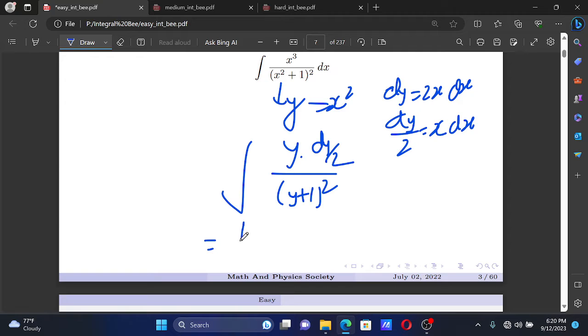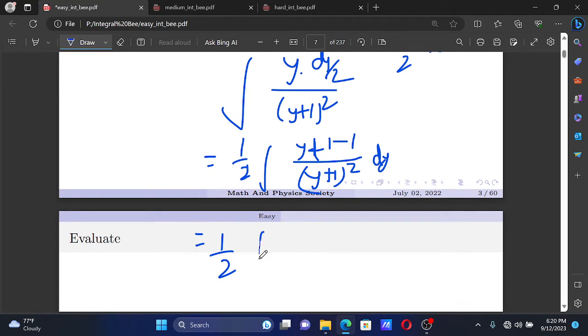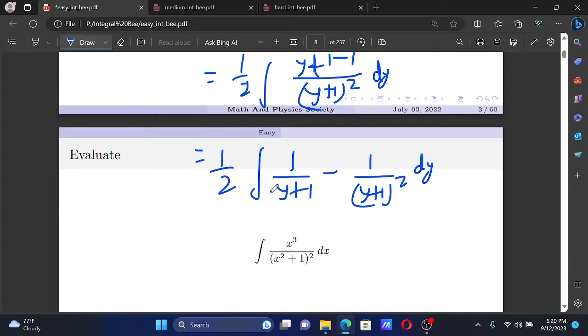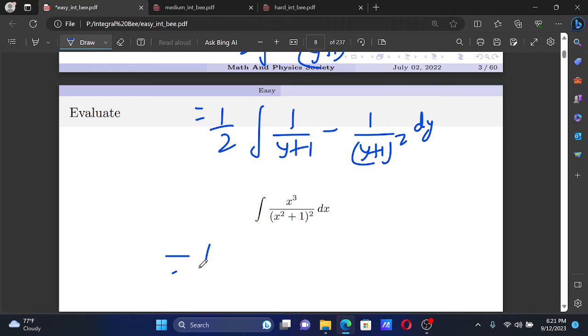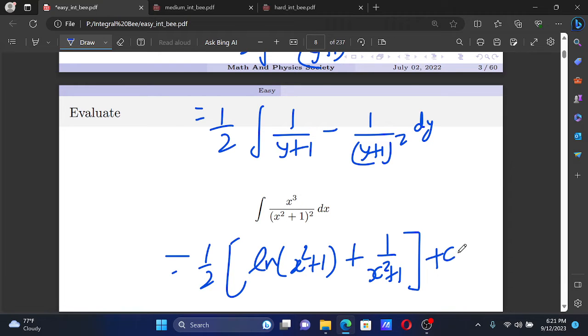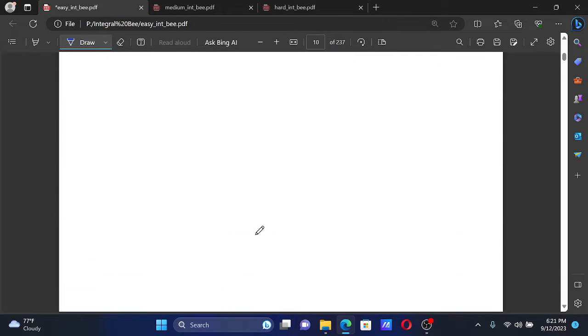We can just take 1/2 out, so that gives us 1/2 integral of y by (y plus 1) squared dy, which is 1/2 integral of (y plus 1 minus 1) by (y plus 1) squared dy. Now taking the integral of this function is quite easy. So 1/2, it's ln of (y plus 1), and y is x square, so ln of (x square plus 1), and then plus 1 by (x square plus 1), plus c. So that was it. Yeah, so next one.